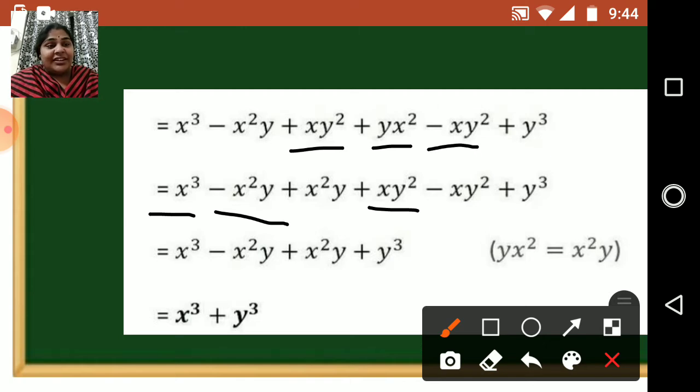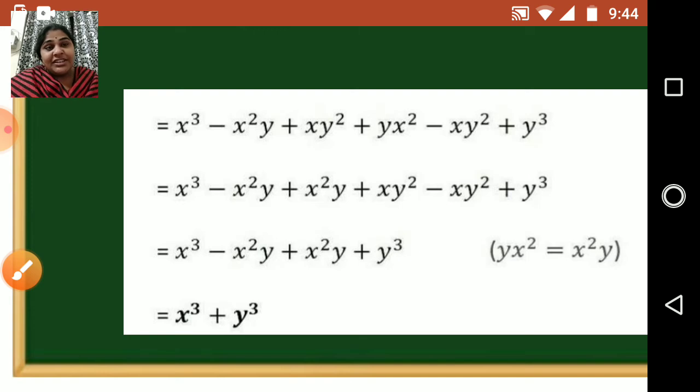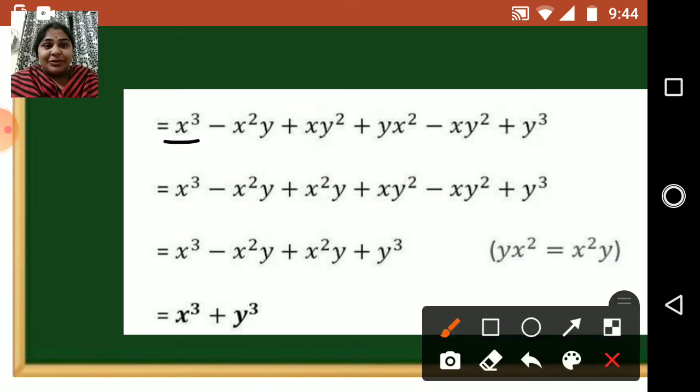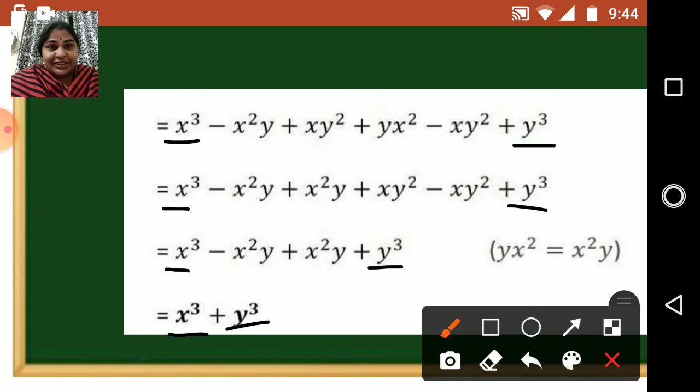I'm just rearranging the terms here. We can rearrange the terms so that we can add or subtract. So whichever like terms you see here, you can rearrange it. So let us see which are the like terms here. So x cube, I don't see any like, so it will be coming as it is till the end. y cube also, I don't see any like terms, so y cube will come.